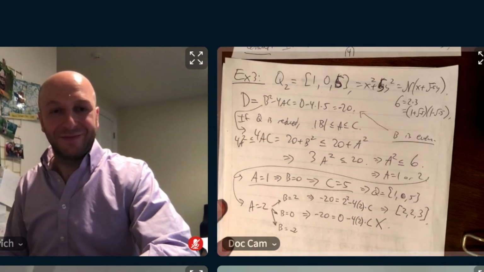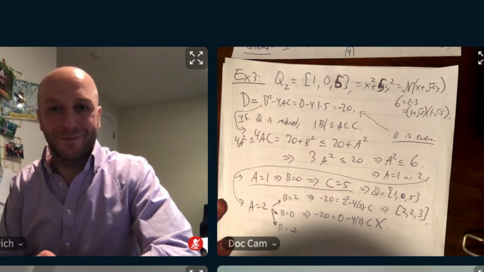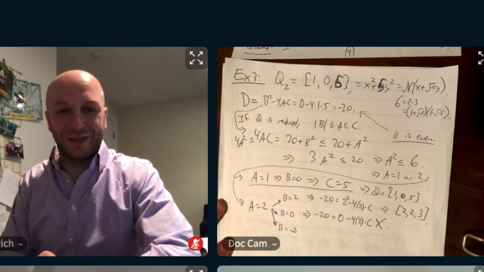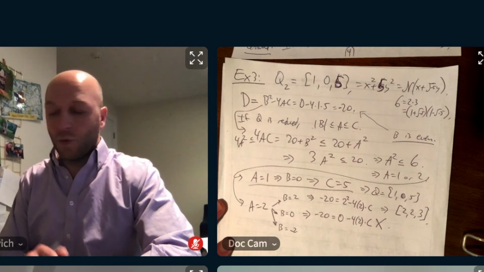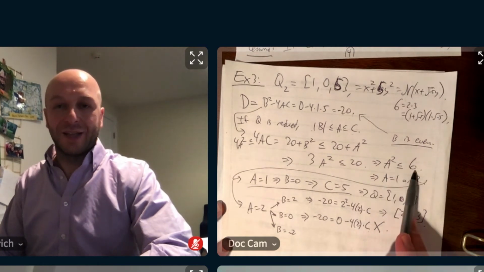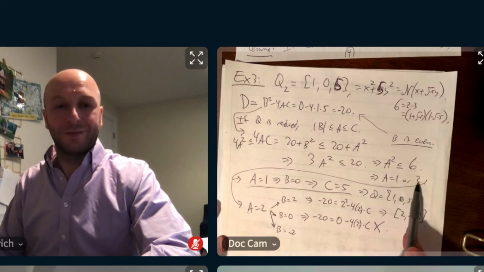Karen? Did you want to ask something? Nope. Sheik? Why is A 1 or 2? So A squared is at most 6, and A is a whole number. So the only squares less than 6 are 1 and 4.